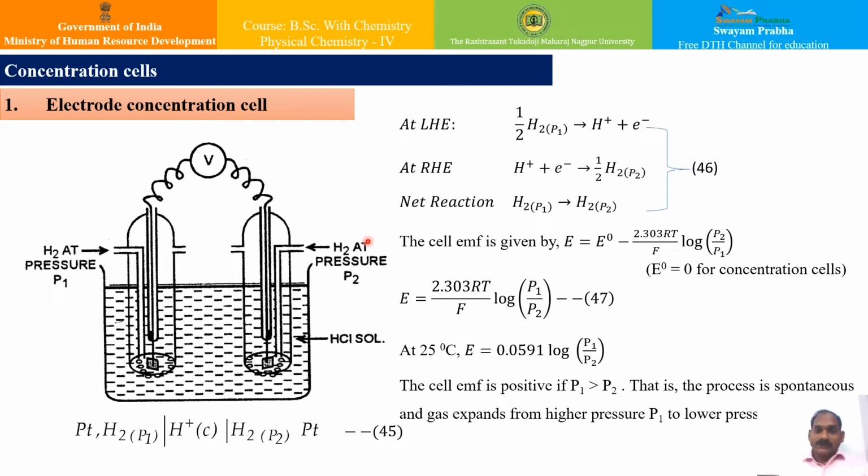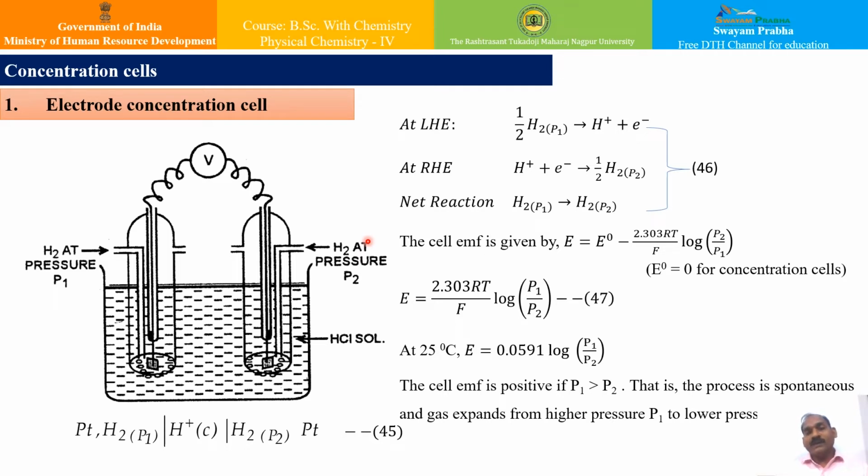However, it is possible to construct a cell with the same electrode and same electrolytes on both sides. That means if I use the same electrode dipped in the same kind of electrolytes in both half cells, in that case also I can utilize the concept of determining the EMF of this cell.